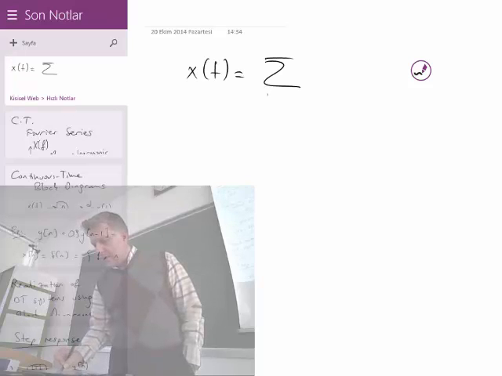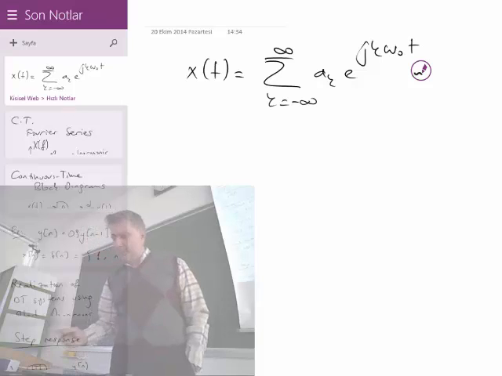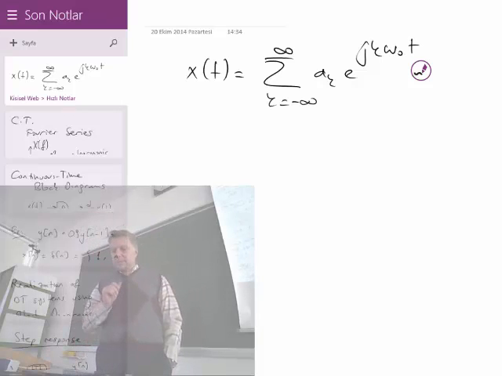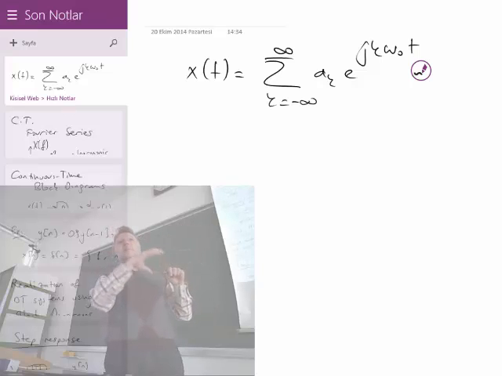Once again, I'm writing it: summation of AK e to the j k omega 0 t. From this expression, what is AK? You just have to manipulate both sides of the equation and then come up with an isolated AK. And that is the formula of AK, and AK will be in terms of x of t, of course.